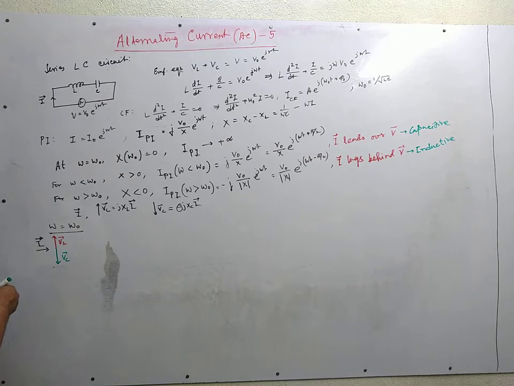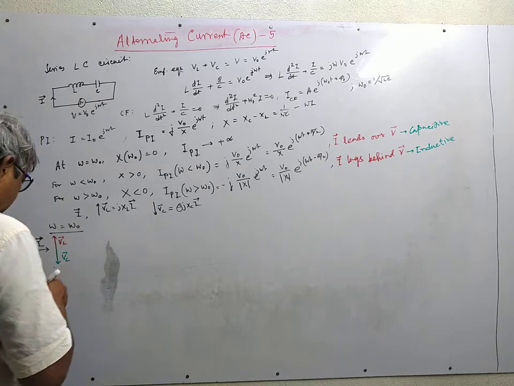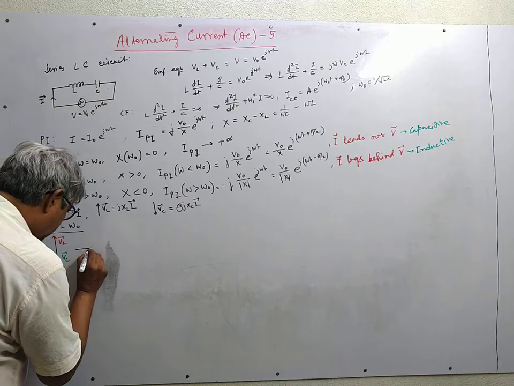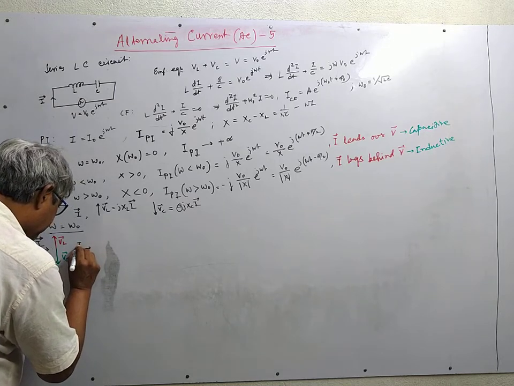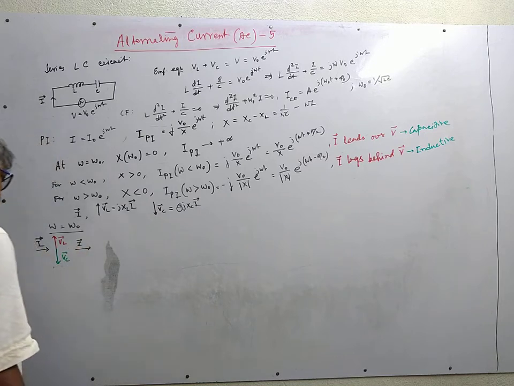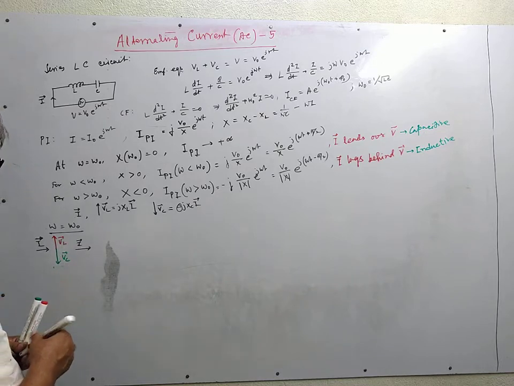So the resultant would be simply zero. Current will flow in the circuit without any opposition. That's why the current shoots up.